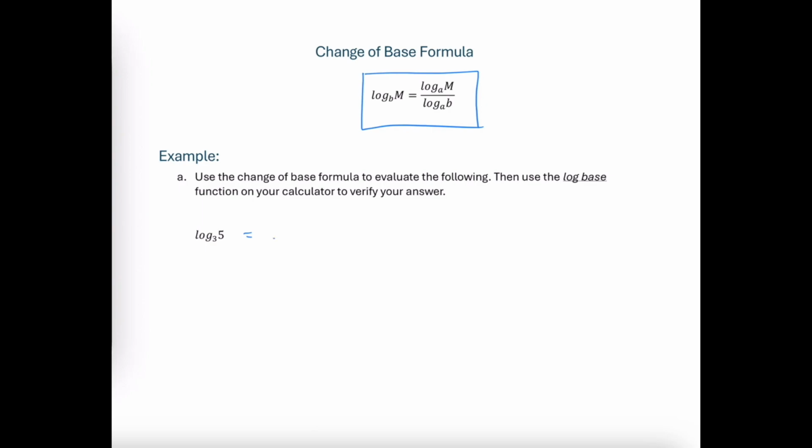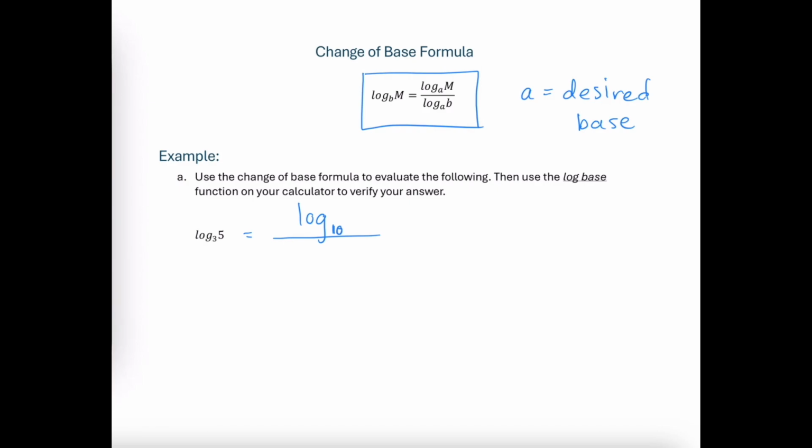we're going to write this as a fraction where we have the log with our new base. So A is going to be our desired base. And the desired base is going to be either base 10 or base e because those are easy to access on my keypad. So let's say log base 10 here, that's fine, or log base e, either one of them is fine.